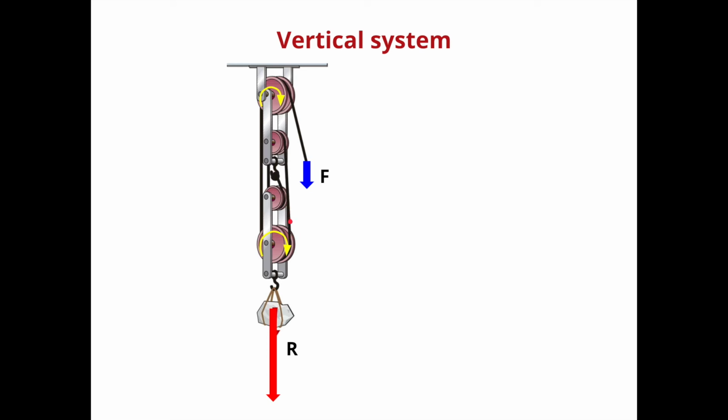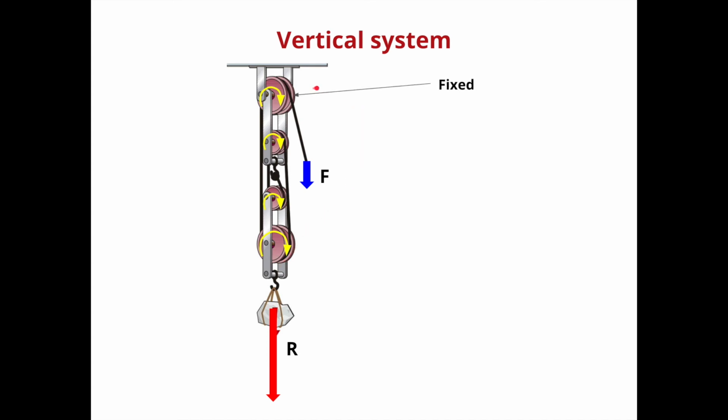This is going to be pulled from here, so this is going to move that way, clockwise. And this pulley pulls from this part of the rope, so this one is going to be moved this way. So, different from the horizontal system, all of the pulleys rotate in the same direction.